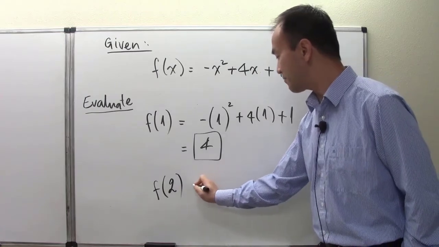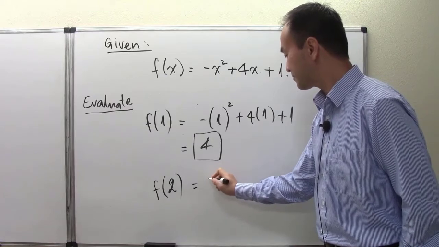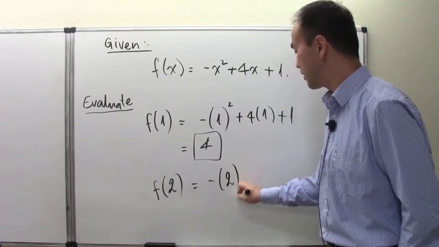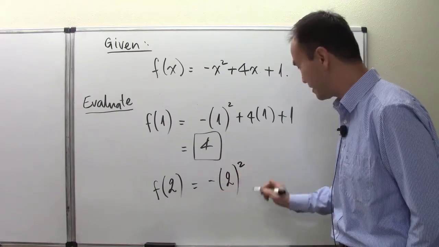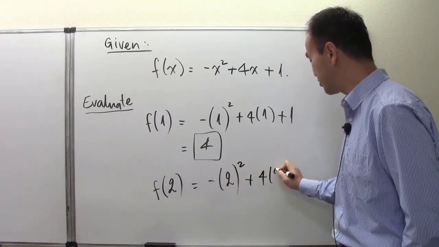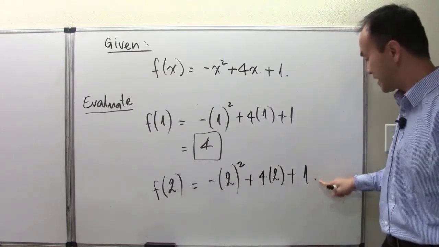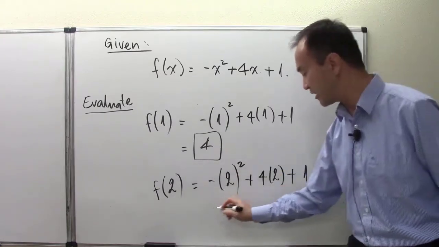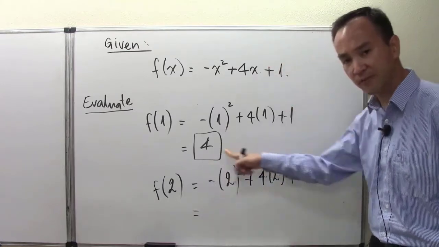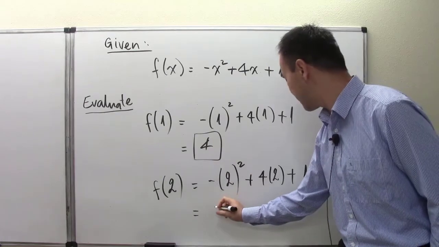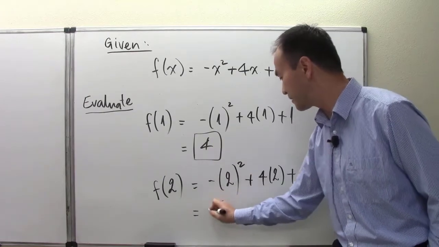According to the rule, and you can try independently, it's minus 2 all squared plus 4 times 2 plus 1. That's the setup for the calculation, and then you can independently get your own answer. The final answer that comes out should be positive 5. That's the output.